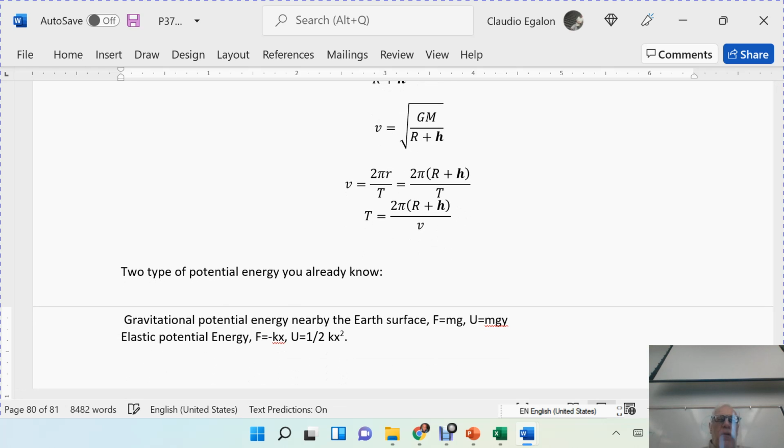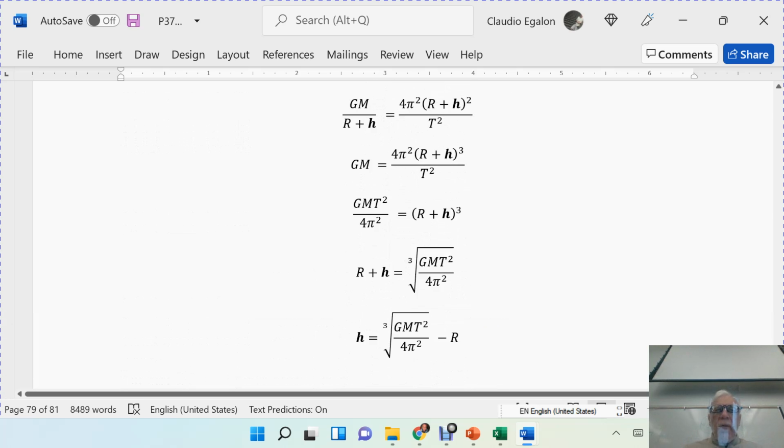And now there is also another gravitational potential energy that's valid for any altitude. That's the one derived from Newton's universal law of gravitation.